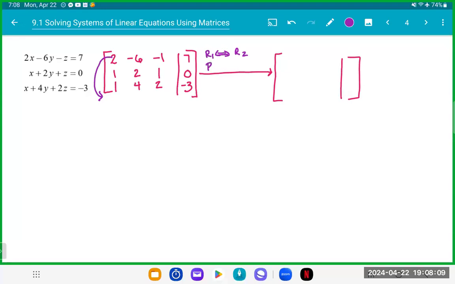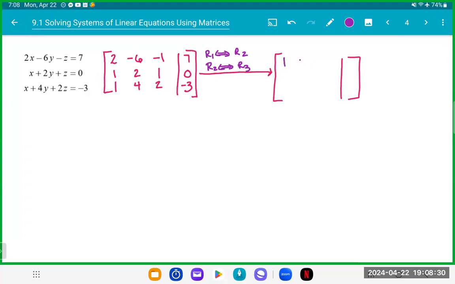But then I also want to take row 2 and switch it with row 3. I don't have to. I could have just switched one, but ultimately I'm changing all of the rows up, right? So row 2 goes into the first slot.